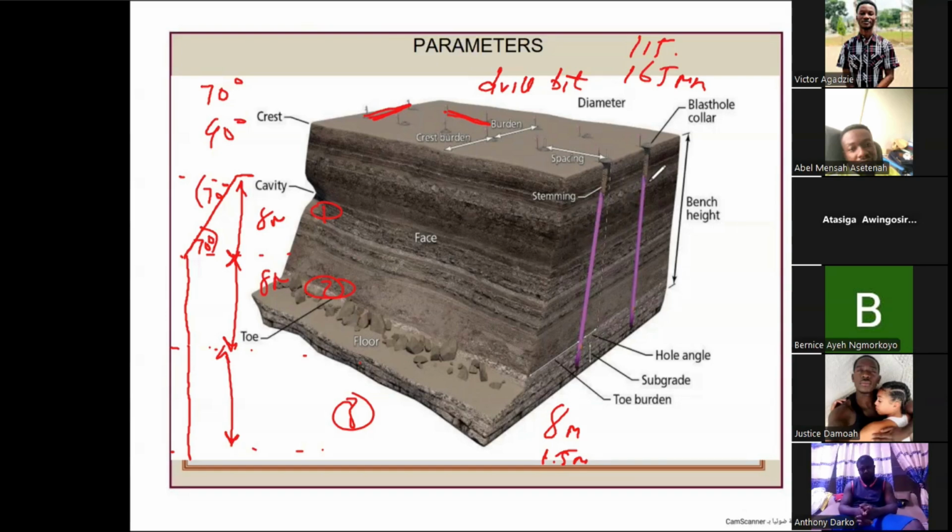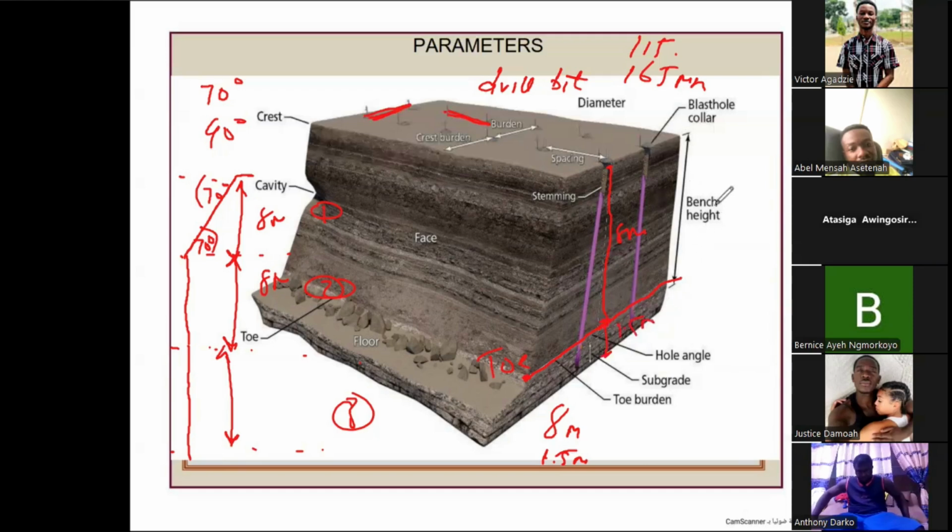So for this particular figure, this is our toe line. From here to here is our 8 meters. We are drilling 8 meters, and we want to add 1.5 meters of subdrill. So you add 1.5 meters to the 8 meters and make it 9.5.